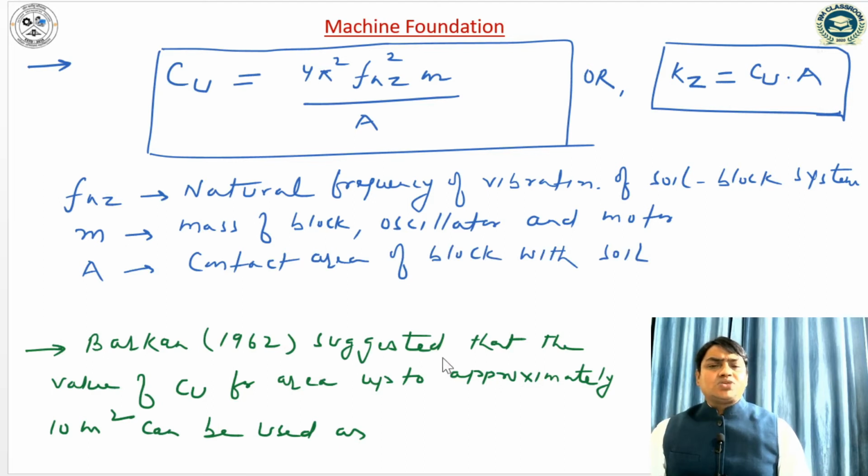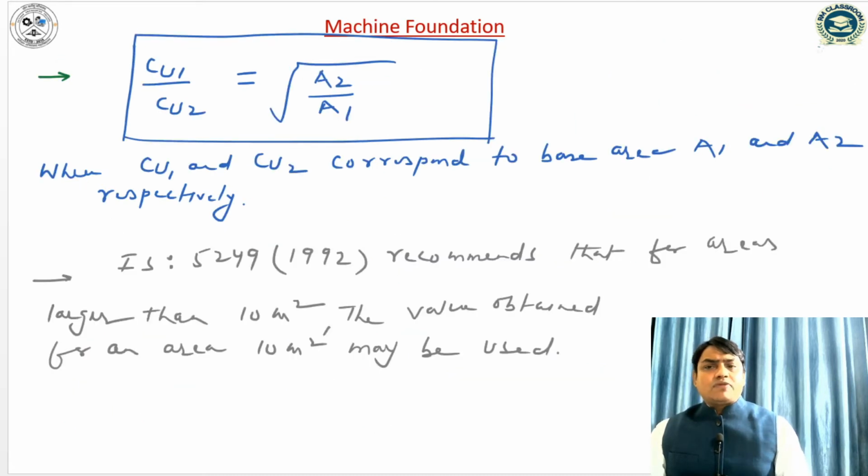Barkan 1962 suggested that the value of Cu for area up to approximately 10 meter square can be used. If the area is greater than 10 meter square, then the IS code suggests that we have to assume the area is 10 meter square, and the ratio of this coefficient Cu1 by Cu2 is square root of A2 by A1, but this formula is applicable for the base area up to 10 meter square.